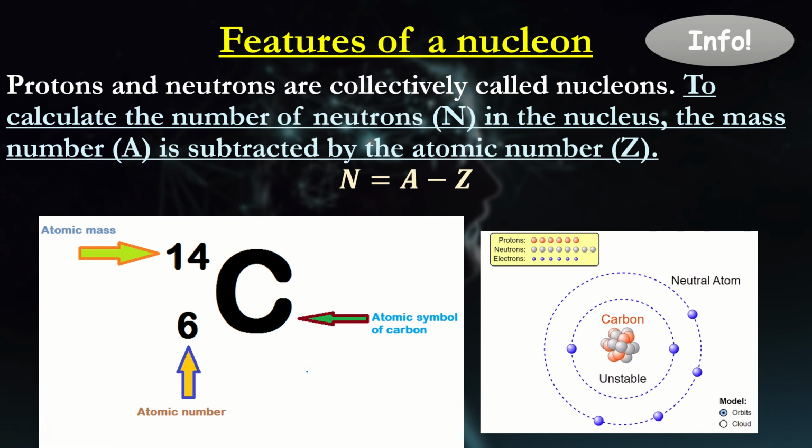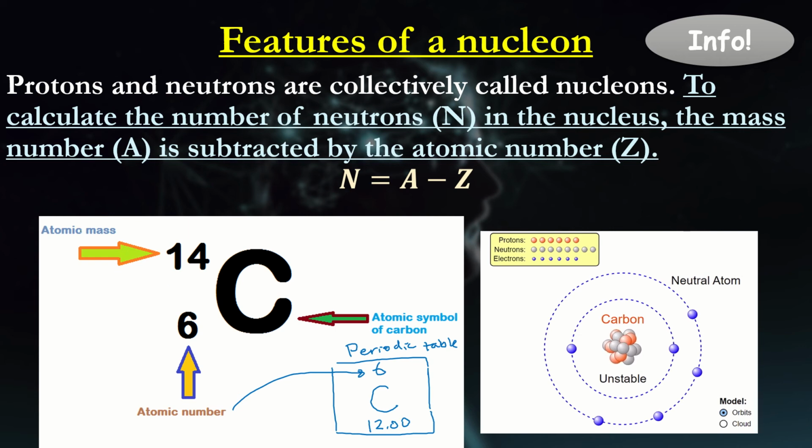If you look at your periodic table, which is where the periodic table is used in the formula sheet, usually you have the symbol, and then you have this number on top. That's the atomic number. So this is if you were reading your periodic table. And then down here you have your atomic mass, the weight number.